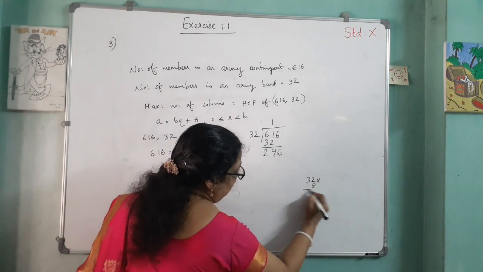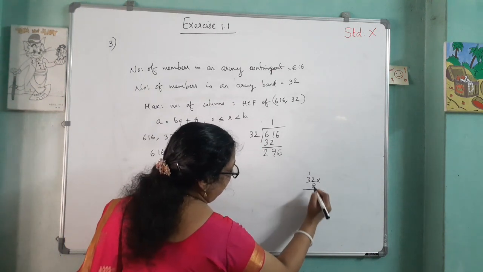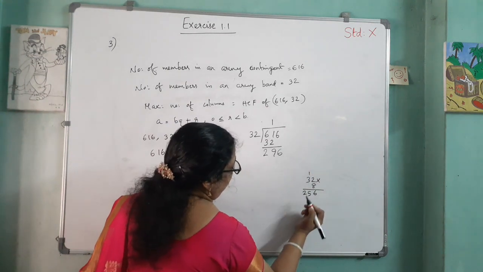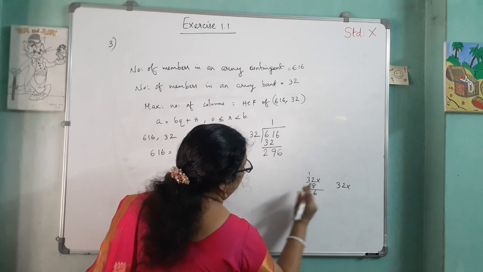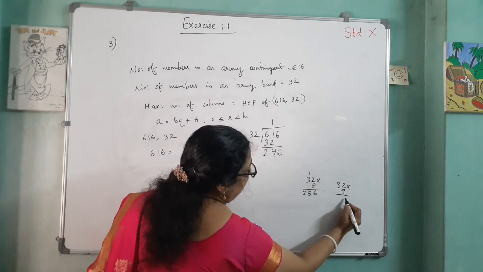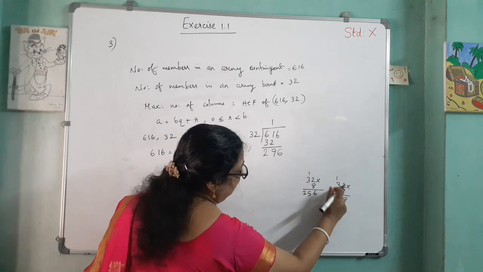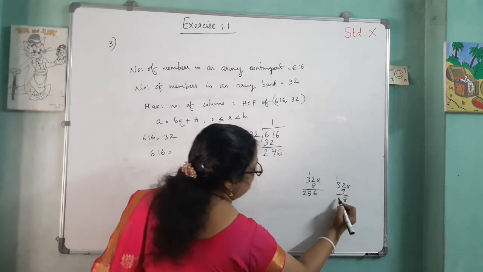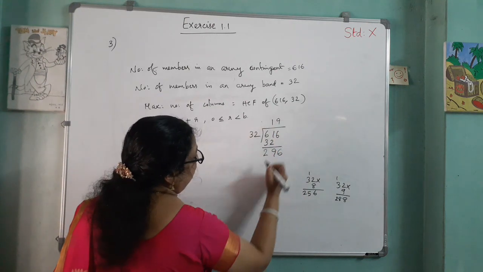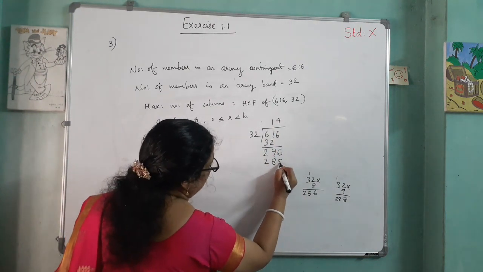We check 8 times: 8 twos are 16, 1 carrying, 8 threes are 24 plus 1, 25, so 256, which is less than 296. Check 9: 9 twos are 18, 1 carrying, 9 threes are 27 plus 1, 28. So it goes 9 times, 288.